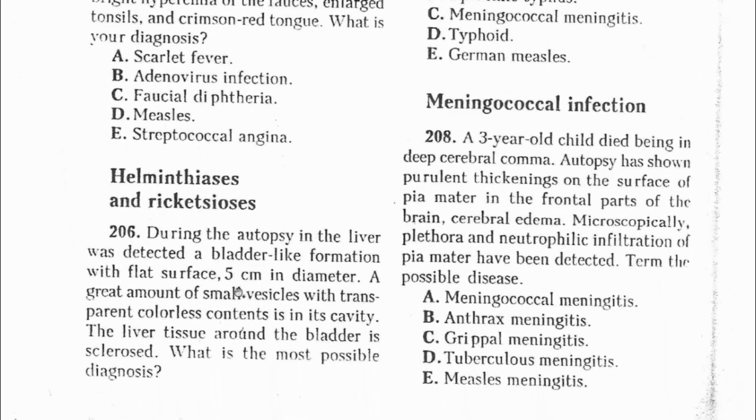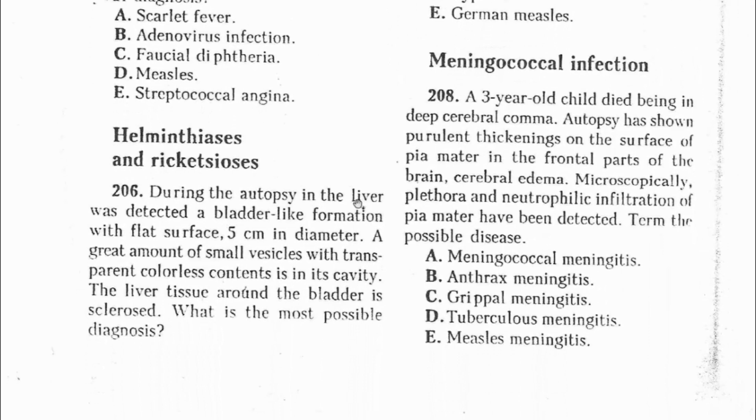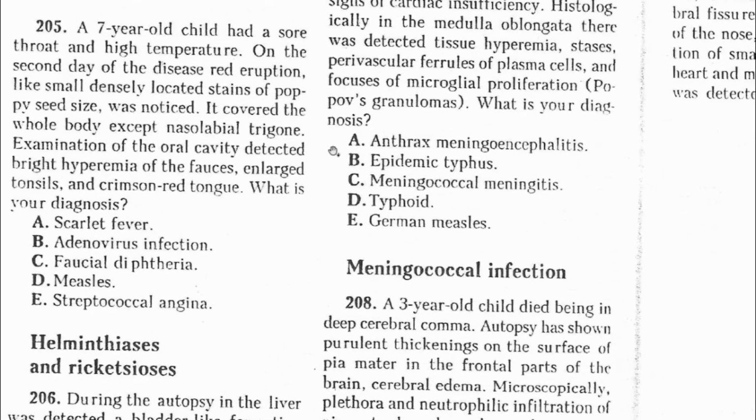206. During the autopsy in the liver was detected a bladder-like formation with flat surface 5 centimeters in diameter, great amount of small vesicles with transparent colorless content in its cavity. The liver tissue around the bladder is sclerosed. What is the most possible diagnosis?